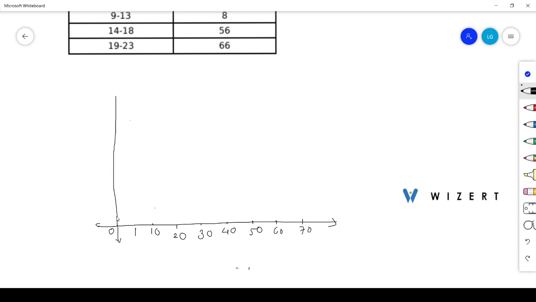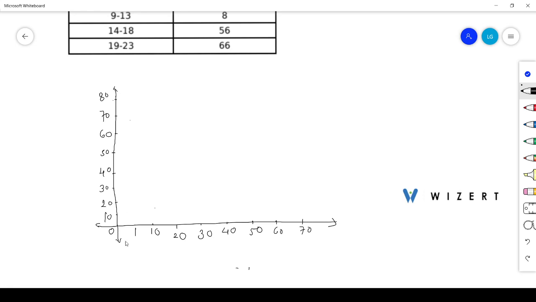Okay, and on y-axis, show number of students. 0 to 10, 10 to 20, 20 to 30, 30 to 40, then 40 to 50, 50 to 60, 60 to 70, 70 to 80, and so on.